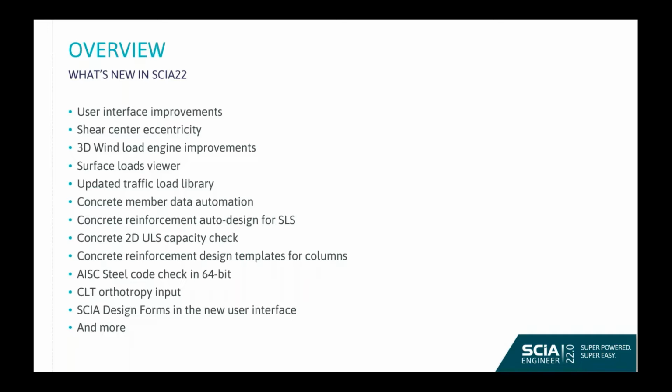There is concrete member data automation, concrete reinforcement auto design for SLS, concrete 2D ULS capacity check, and concrete reinforcement design templates for columns. The AISC steel code check is available in 64 bits, as well as some CLT orthotropy input. There is the SCIA design forms in a new interface, and more.